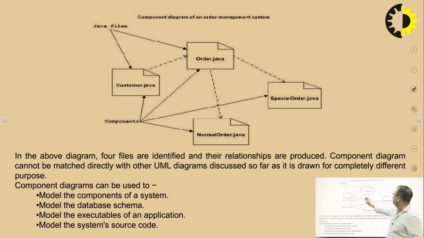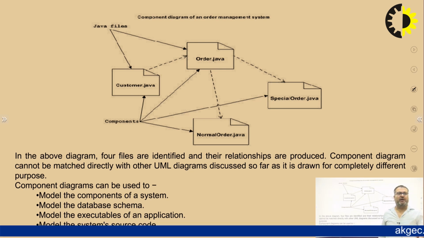So, a customer places an order, and this order could be normal or special. So we have seen the association or relation. This arrow cannot be in the reverse direction. From order to customer it could not be. From customer to order it is okay. So, this is called the component diagram.